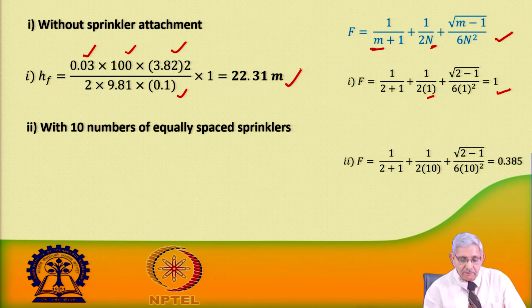With 10 equally spaced sprinklers, the value of f will change.